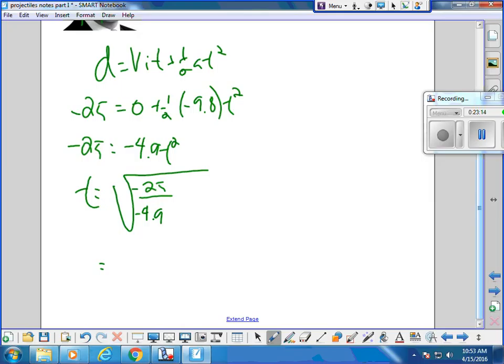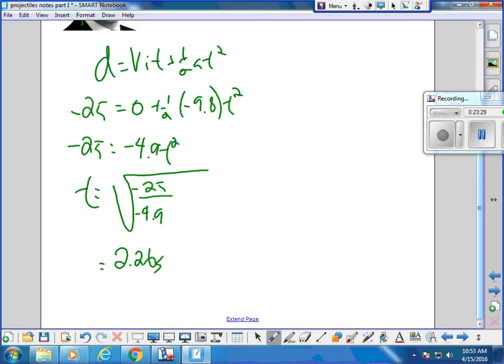Then the square root, so you're taking the square root of 5.1. That gives 2.26 seconds. When you take the square root of both sides, you get t on the one side.